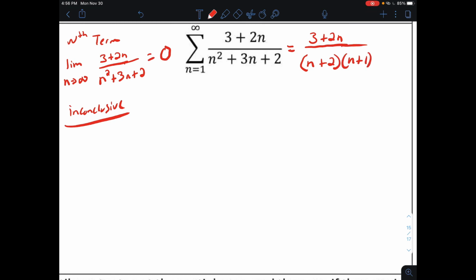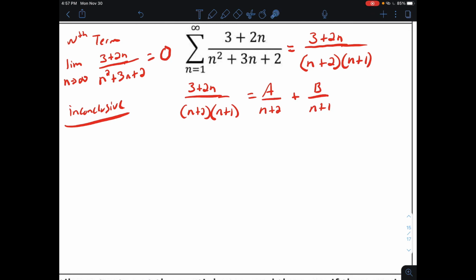So I'm going to need to take that and write that (3 plus 2n) over (n plus 2) times (n plus 1) as two fractions, one with the numerator of A over that denominator, and then plus a B fraction over, let's say, n plus 1.